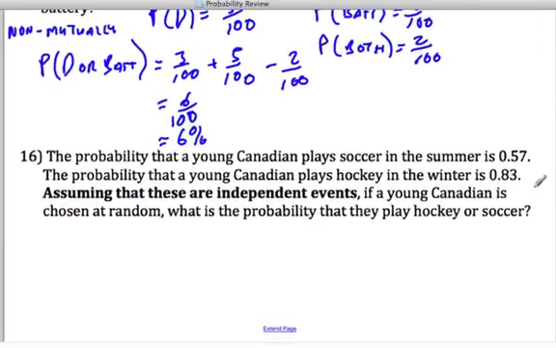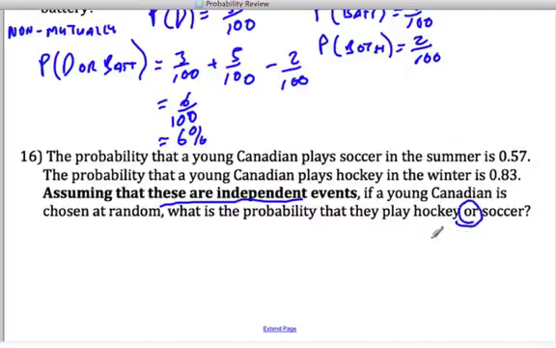The probability that a young Canadian plays soccer in the summer is 0.57. The probability that a young Canadian plays hockey in the winter is 0.83, assuming that these are independent events. If a young Canadian is chosen at random, what is the probability that they play hockey or soccer?